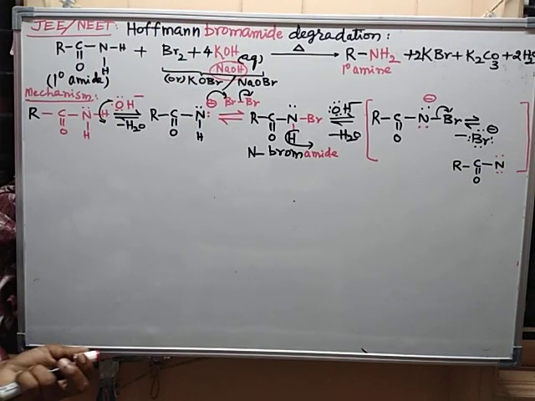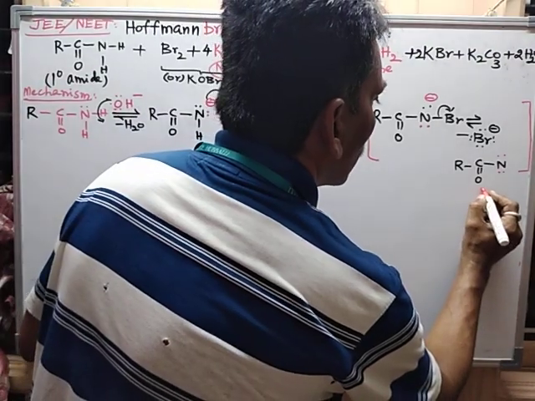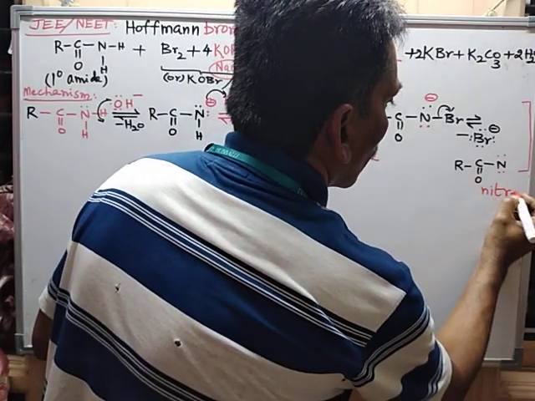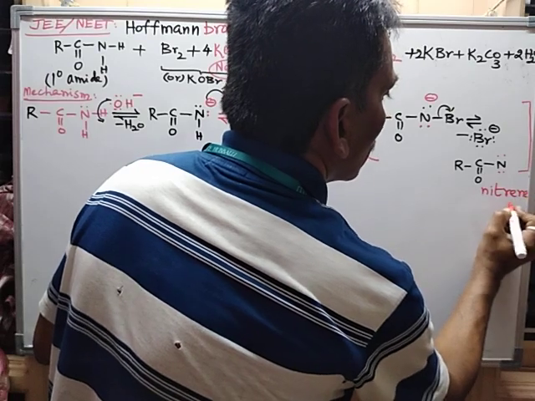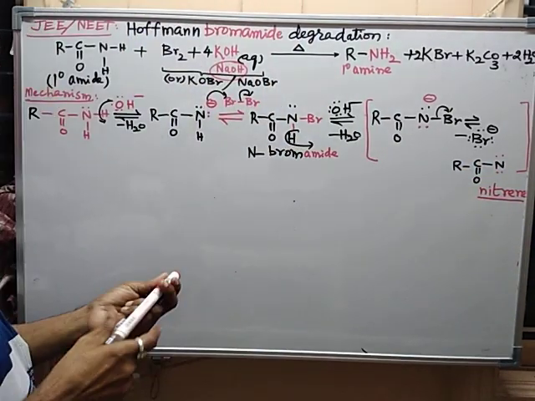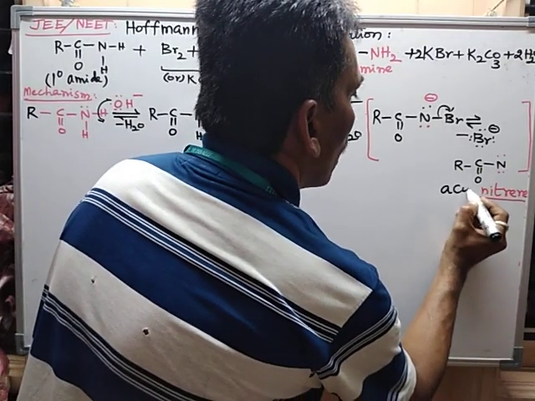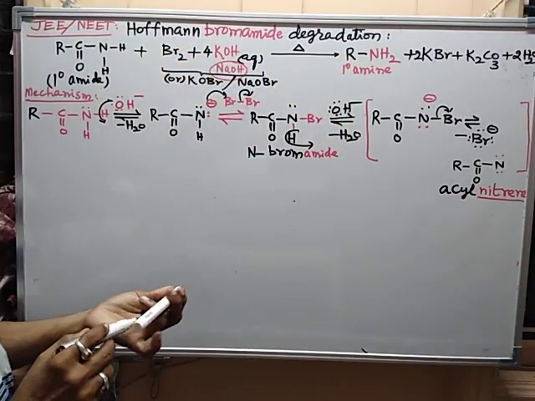Total 6 electrons, an electron deficient species, known as nitrene. You have to concentrate on this. Some books write RCO, which is called an acyl group, and it is known as acyl nitrene.